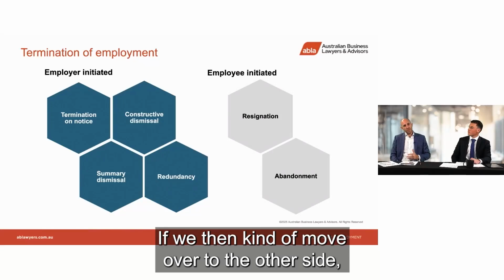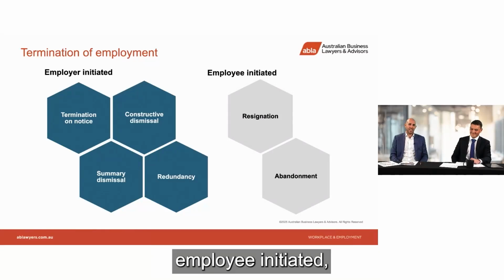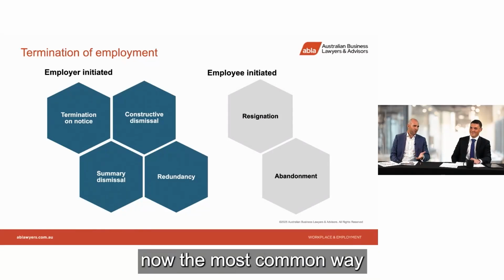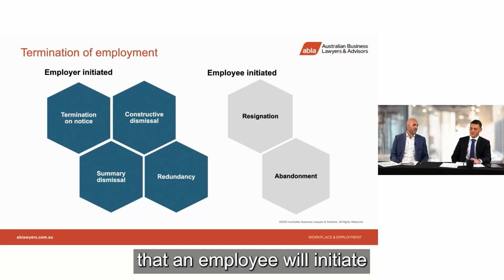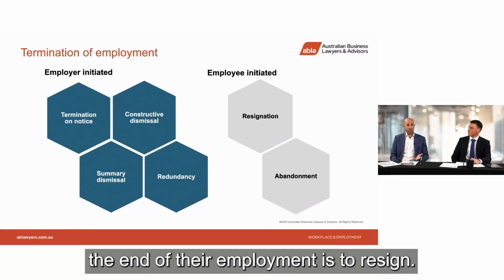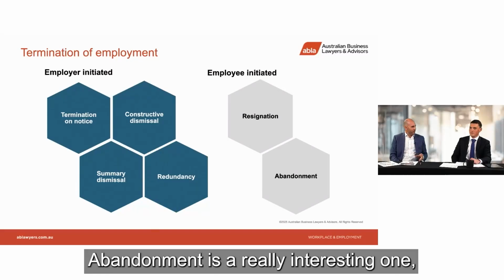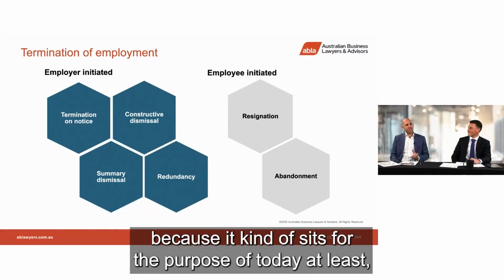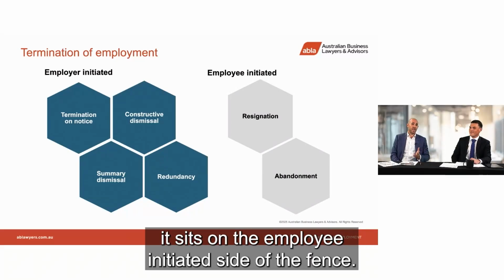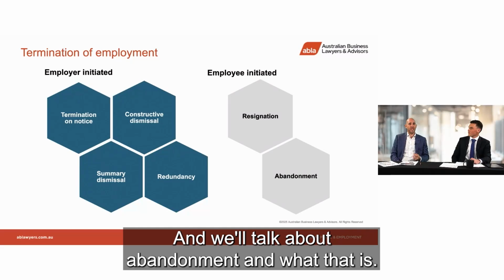If we then move over to the other side, employee-initiated. Now, the most common way that an employee will initiate the end of their employment is to resign. I think most people are pretty comfortable with resignation as a principle. Abandonment is a really interesting one because, for the purpose of today at least, it sits on the employee-initiated side of the fence, and we'll talk about abandonment and what that is.